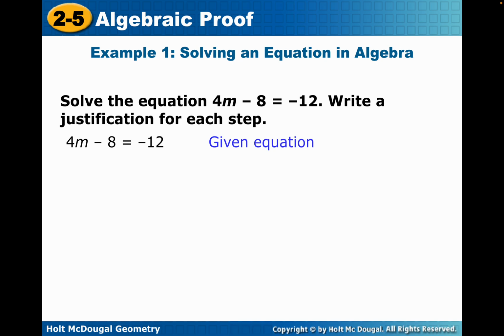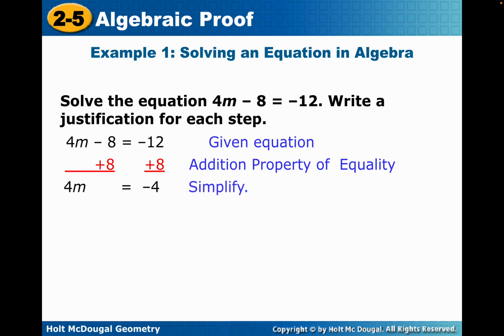What did we do right here? We just added to both sides. So what property do we think that is? Yeah, addition property. If you want to abbreviate, you can. I'm going to put ADD dot prop, representing addition property.